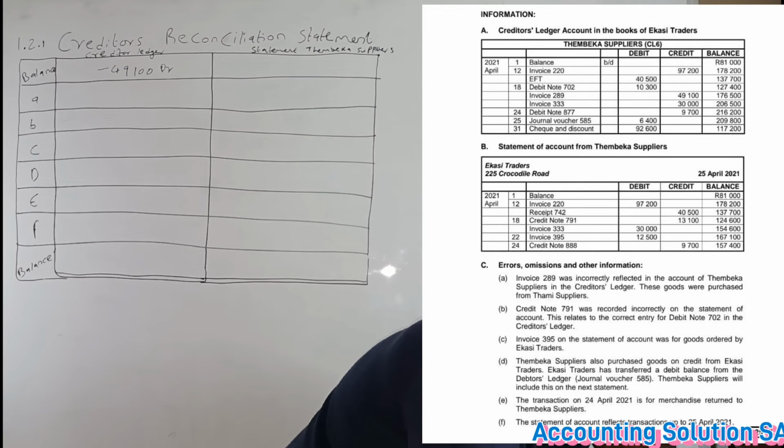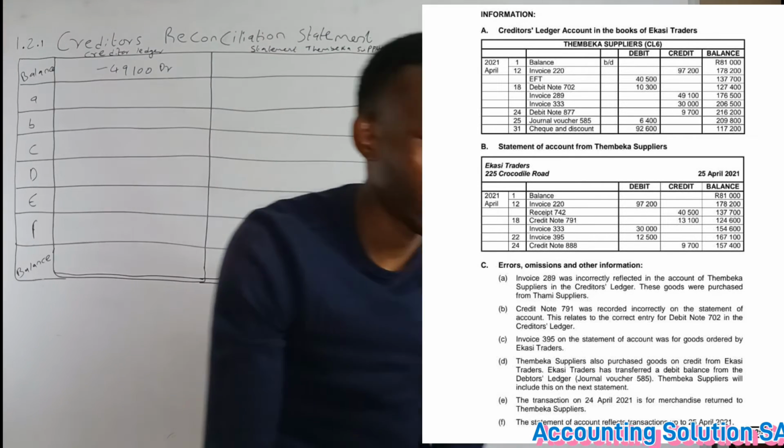Remember, these two statements do the opposite, vice versa. Because on the credit side we are subtracting, in order for us to go back to 10,300, we have to add back the difference.